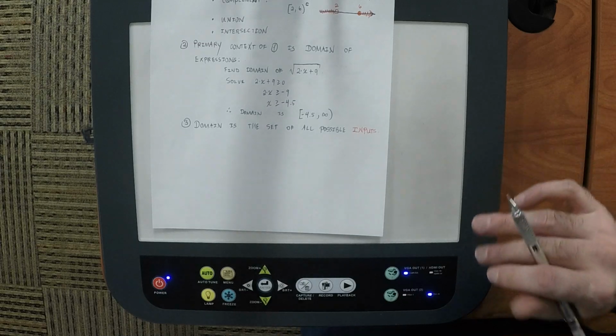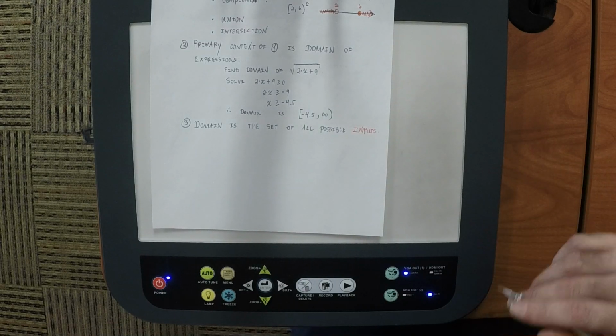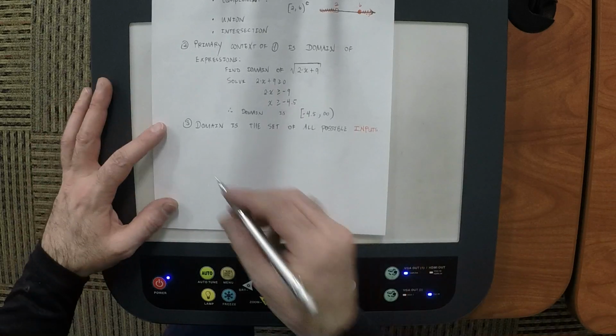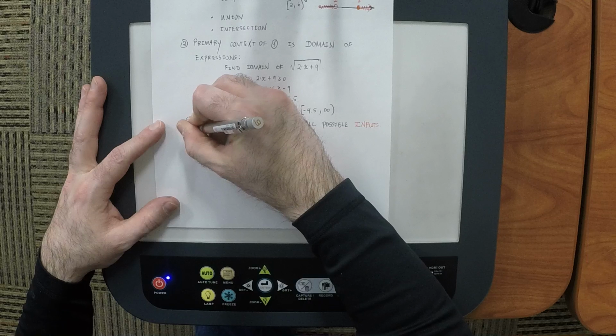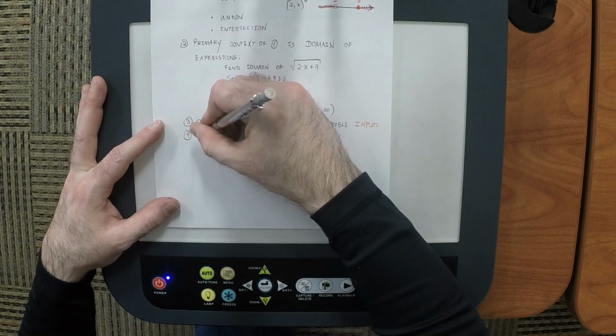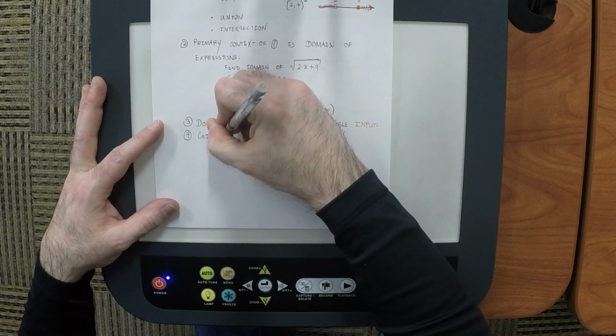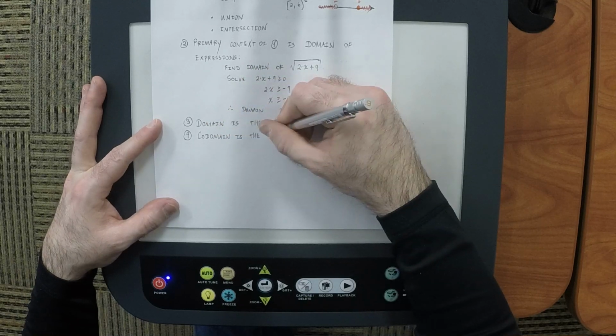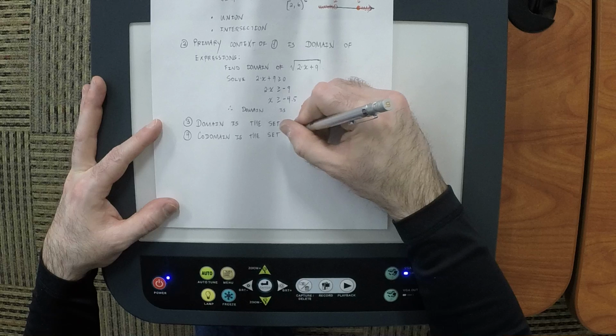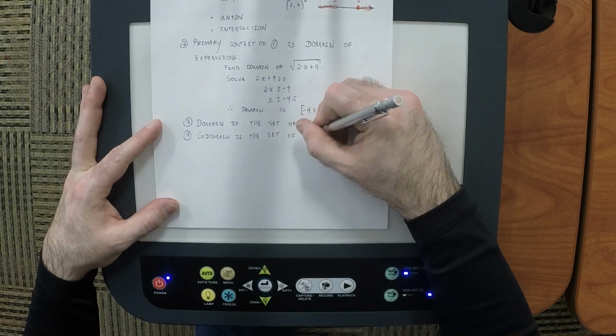But we need a math name for the stuff that comes out. All right. So domain is the set of all possible inputs, and the codomain is the set of all possible outputs.